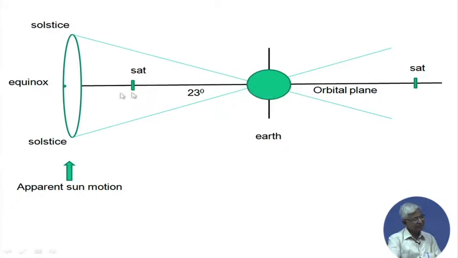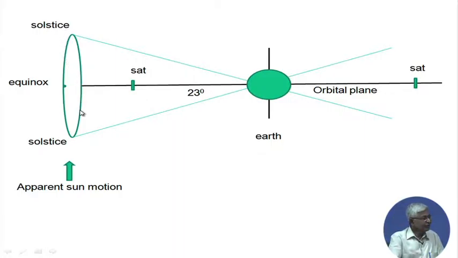Look at this geometry, that is, assume that this is Earth, and though Earth is rotating around the sun, this is the orbital plane which is the equatorial plane, and the satellite is here. So, we have seen that it makes a 23 degree angle with the Earth's orbiting plane around the sun.